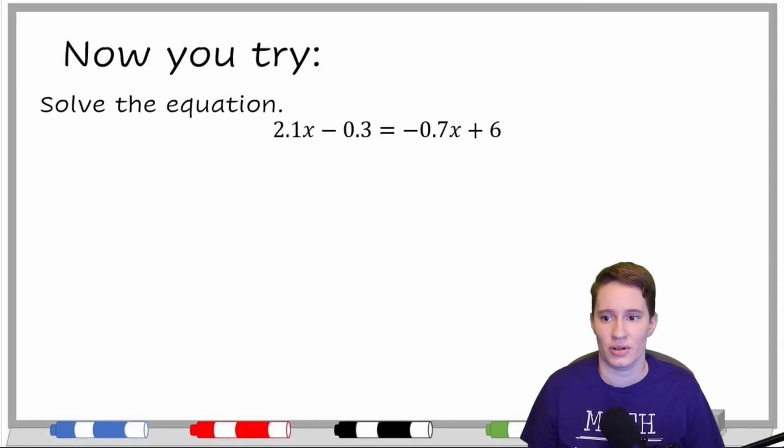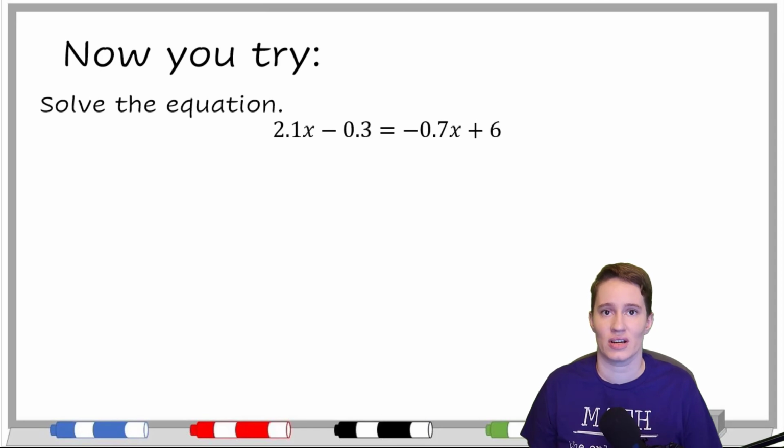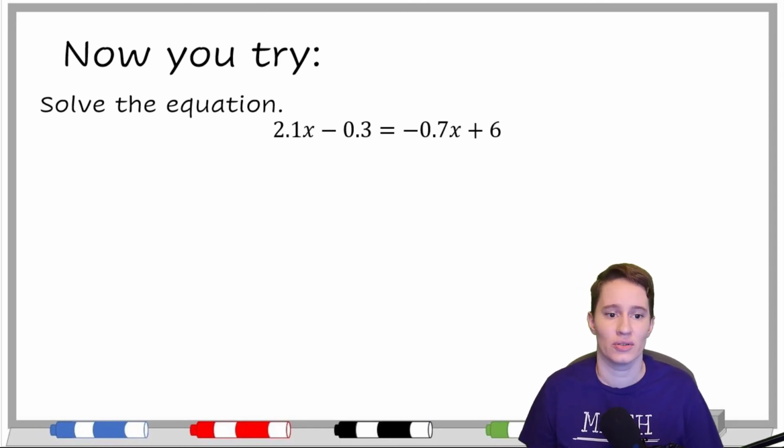All right, now you try. So pause the video, see how far you get, start it back up when you're stuck or when you've got an answer. Starting now. Welcome back. We are going to multiply everything by 10, and that's because the most decimals any of these have is just 1. None of them have 2 decimals or 3 decimals or more than that. So we're going to times by 10. Now we do have a 6 here at the end that still gets multiplied by 10.